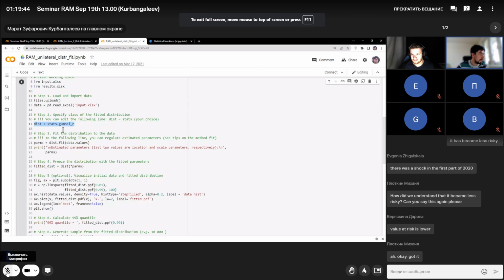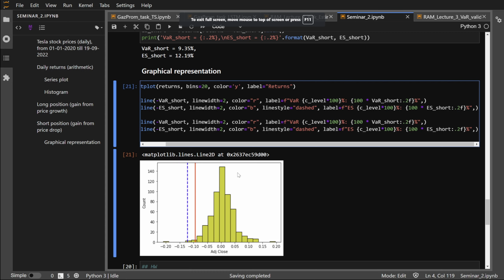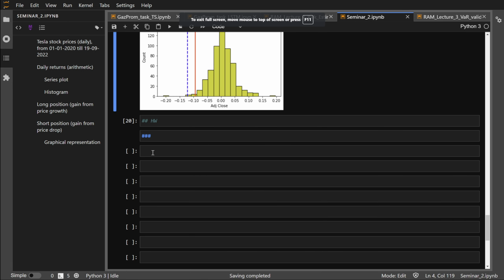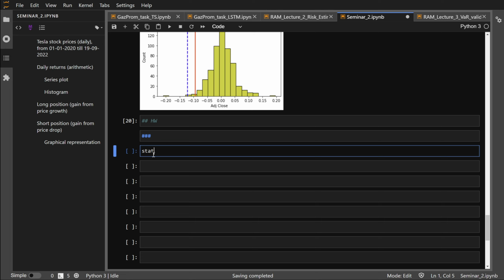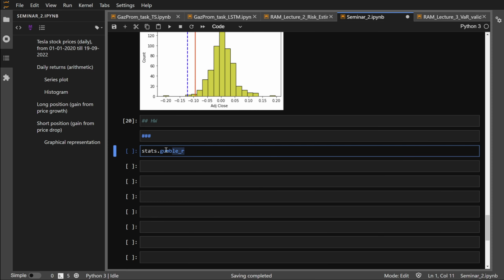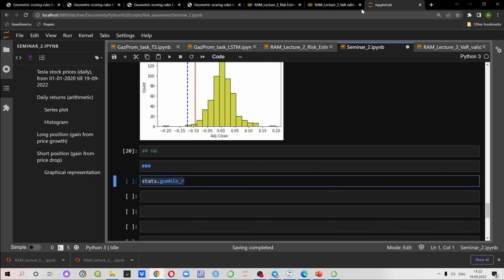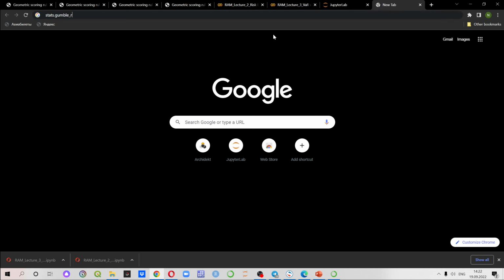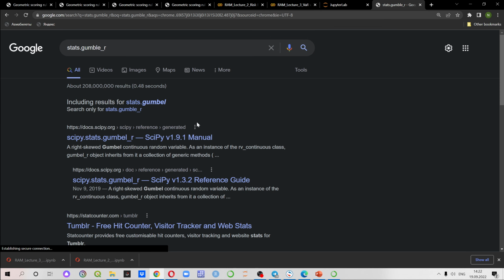So here is the distribution, stats Gumbel R. Yeah, because the idea of this distribution is that the right tail is much heavier than the left one, which used to be the case of our distribution.